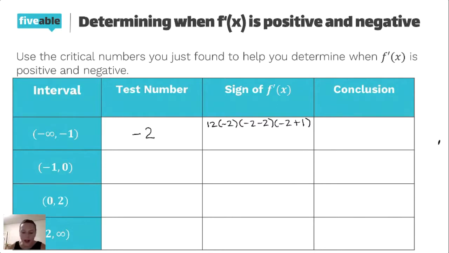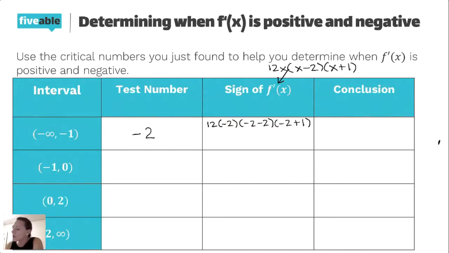Now, let me go back and clarify in case you don't have this right in front of you from the previous example. We found that f prime of x, once we factored it, was equal to 12x times the quantity x minus 2 times the quantity x plus 1. So I'm just plugging into that factored form.